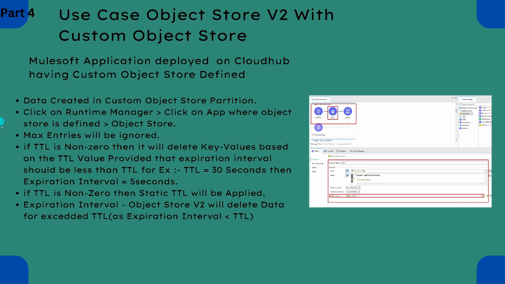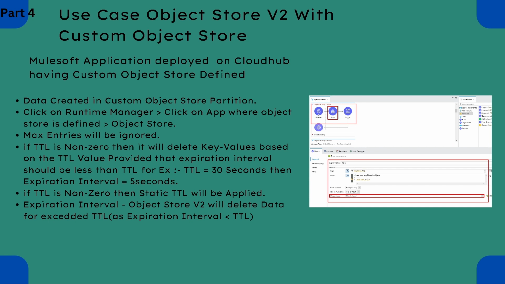Moving on to the next point. If TTL is non-zero, then static TTL will be applied. And moving on to the last point, the expiration interval. In this case Object Store V2 will delete data based on whatever TTL value is defined. The expiration interval is nothing but an expiration thread which checks the TTL after every expiration interval time which has been defined.